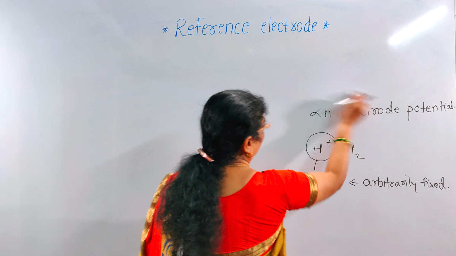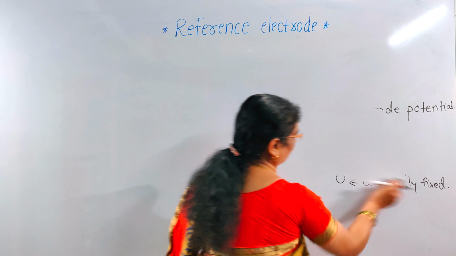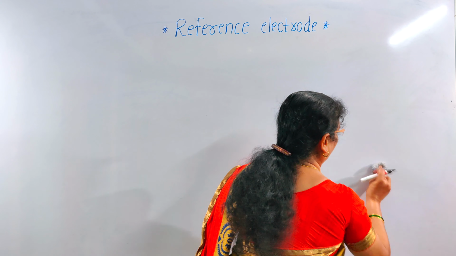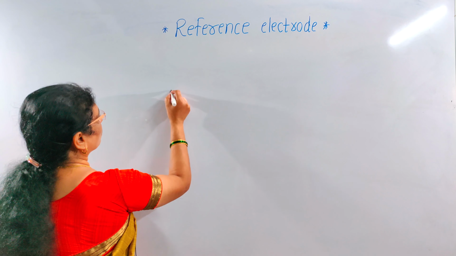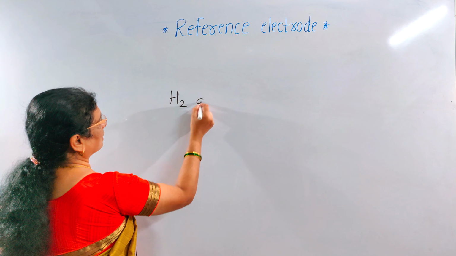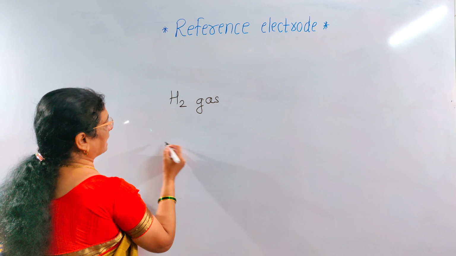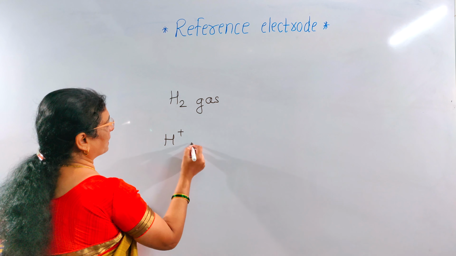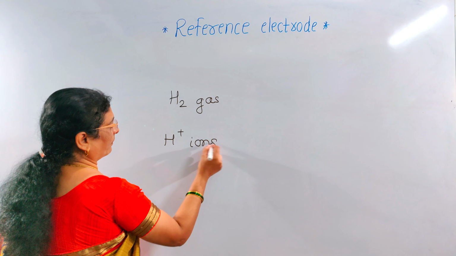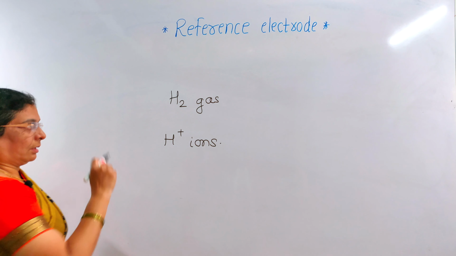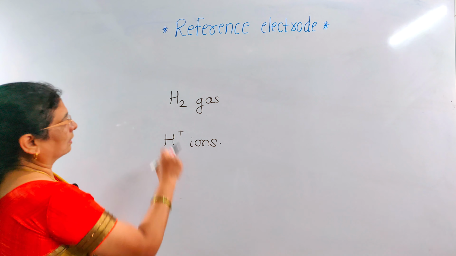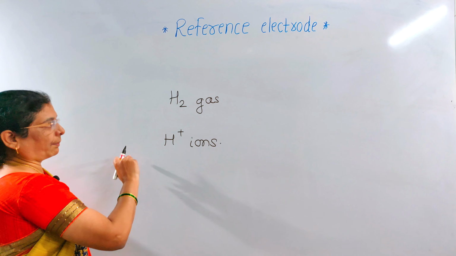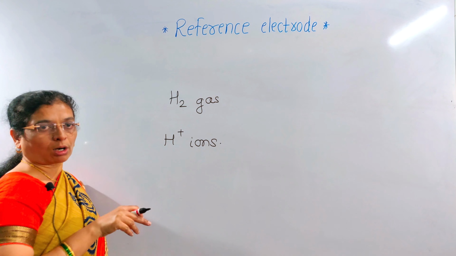Remember that a hydrogen gas electrode can be prepared by using the condition that hydrogen gas molecules must be in direct contact with H plus ions. You know that if you have to prepare any gas electrode, the gas is adsorbed, because you cannot make a rod of the gas.